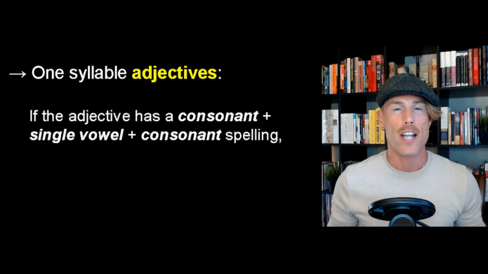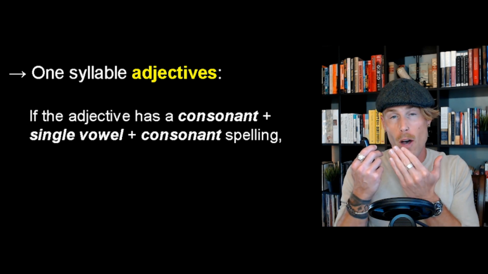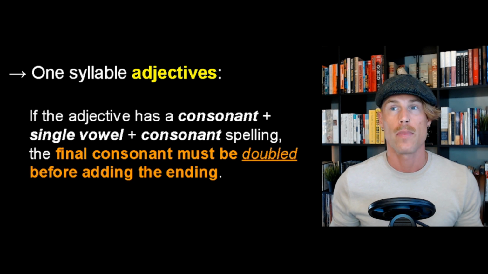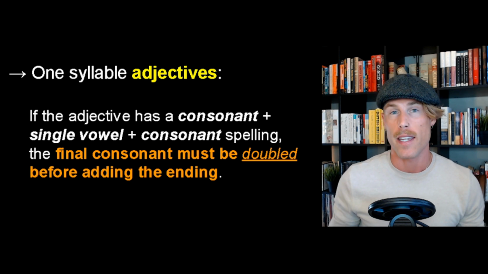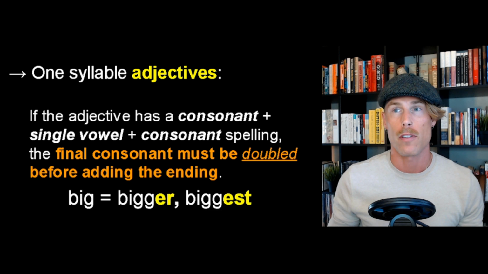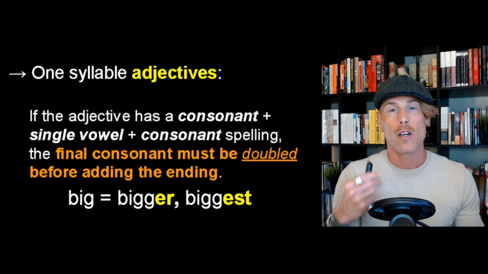And if the adjective has consonant plus vowel plus consonant spelling, the final consonant must be doubled before adding the ending for the comparative or the superlative. So look at the adjective big. B-I-G.